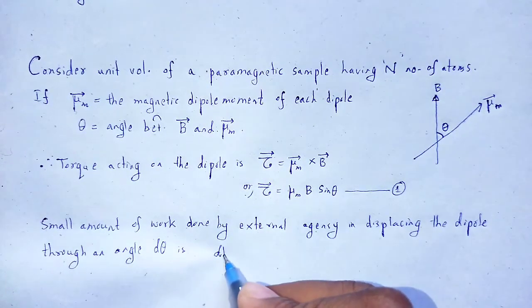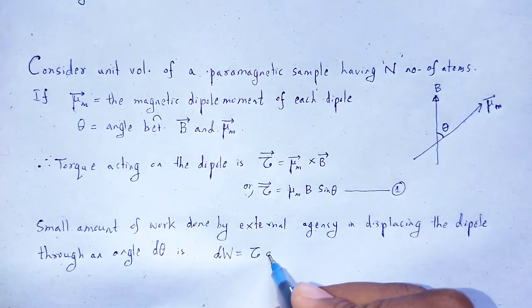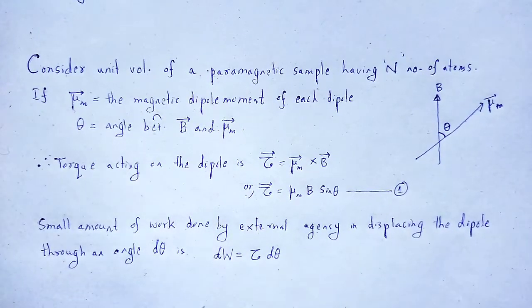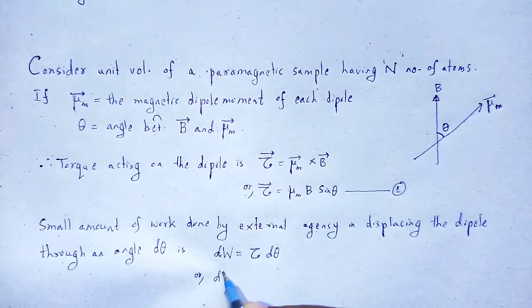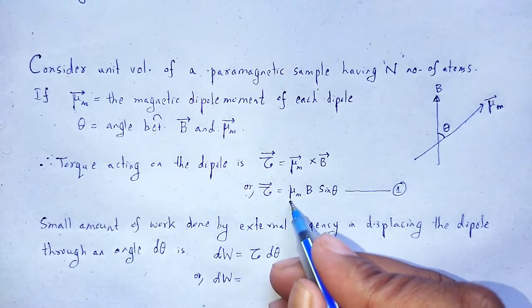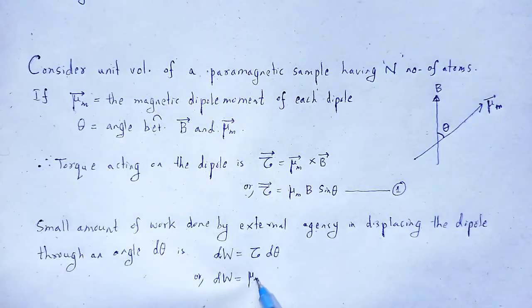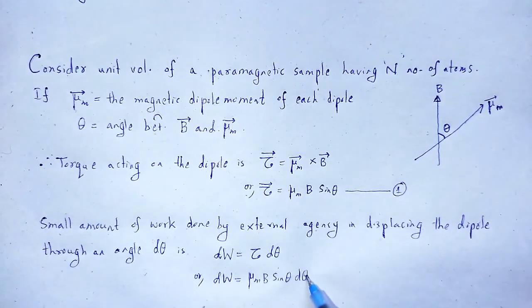That is, small work done dW is equal to tau d theta, or dW is equal to, with the value of tau, mu m B sin theta d theta.